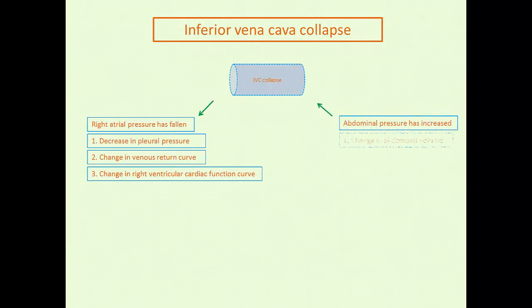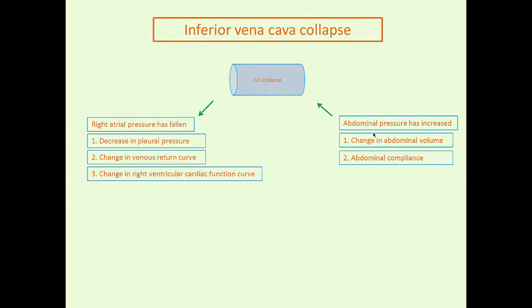There's also the fact that abdominal pressure is increasing. That's a function of the change in abdominal volume, and that can be affected by how you inspire. If you breathe with your diaphragm versus breathe with your intercostal muscles, you will change your abdominal volume to different degrees, cause differing changes in your abdominal pressure, and therefore differing degrees of IVC collapse.